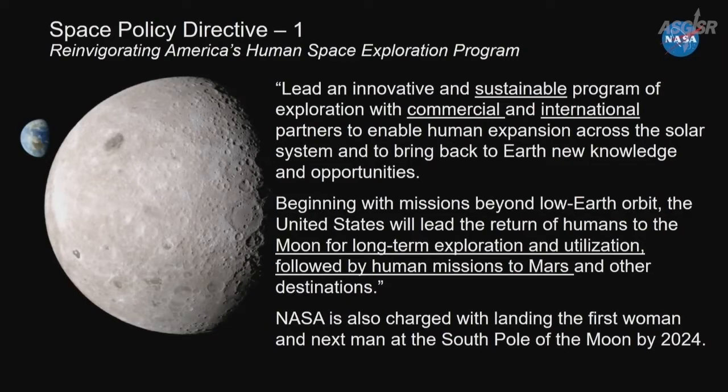The other challenge we receive from the administration is that we want the first woman and the next man on the surface of the moon in 2024. Now, we've been developing a variety of things getting ready for exploration beyond low Earth orbit for many, many years. And so we are positioning ourselves to be able to meet that 2024 challenge.